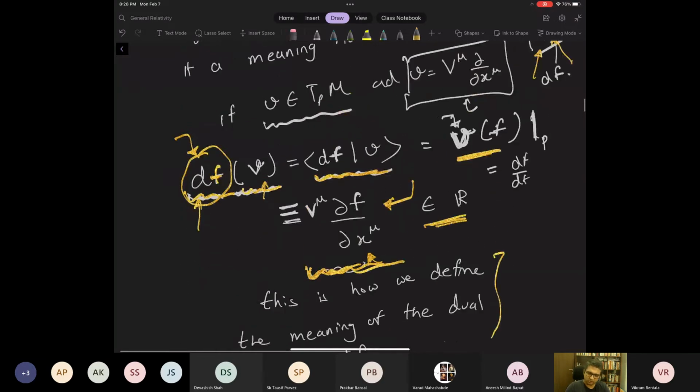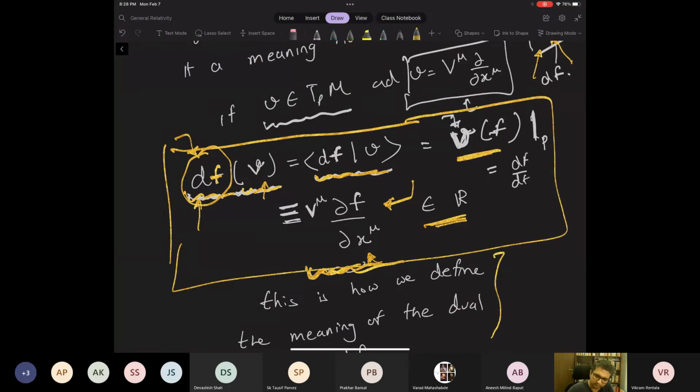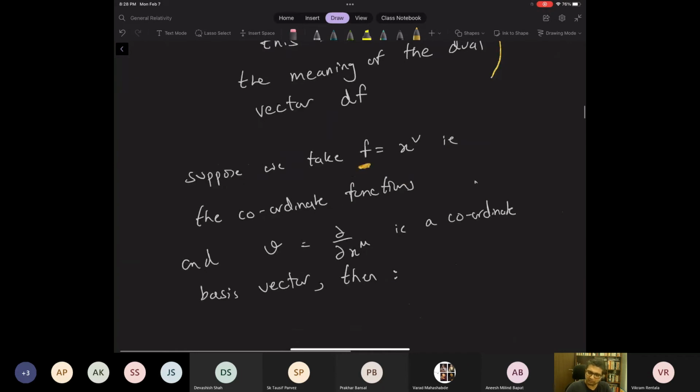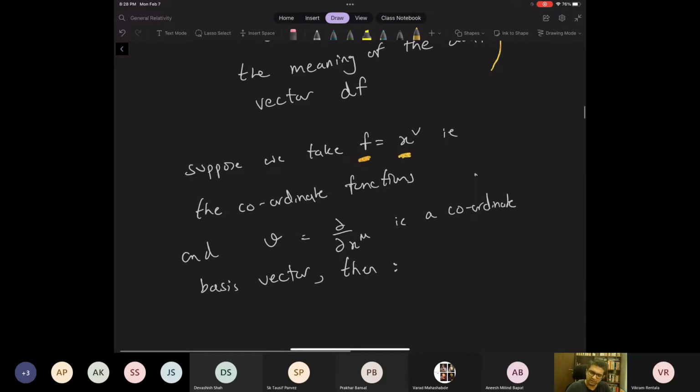Now that we have this, suppose we again take our coordinate functions. So let's take f equal to x nu, that is the coordinate functions, and we'll take our vector v to be partial x mu.